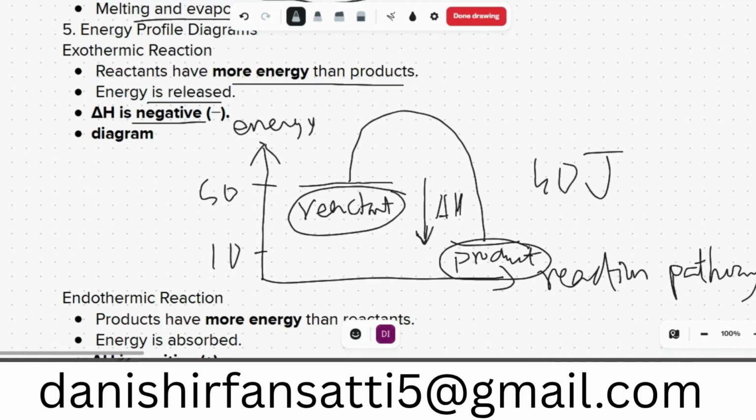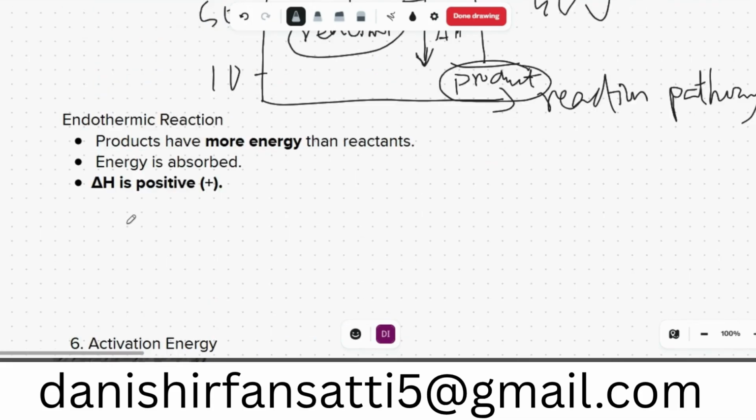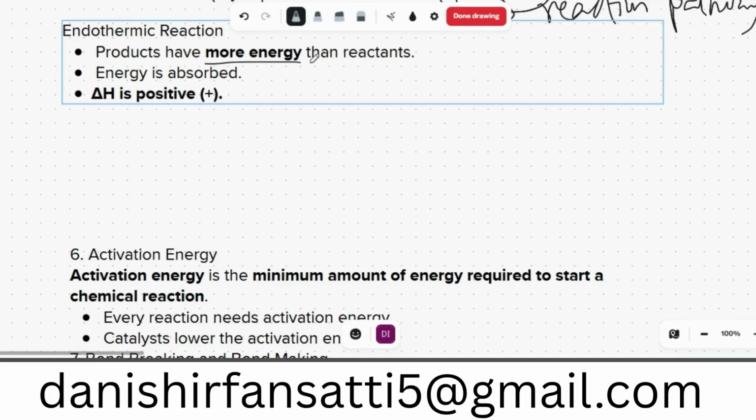That is called exothermic, like combustion. Heat is released to the surroundings. The energy hump from the reactant is called activation energy, and we will talk about that in the later part of this lecture.